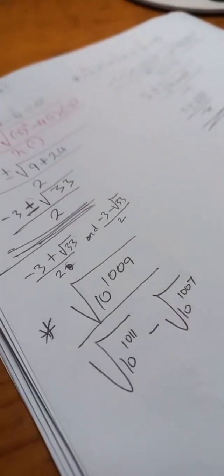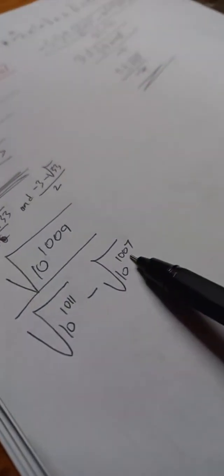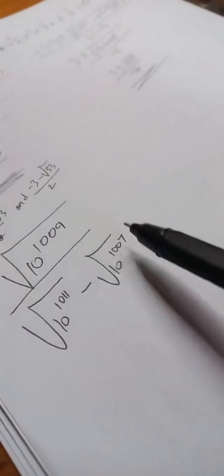So what do we do, guys? We want this to be easy, right? We have 10 to the power 1009, 1007, 1011.